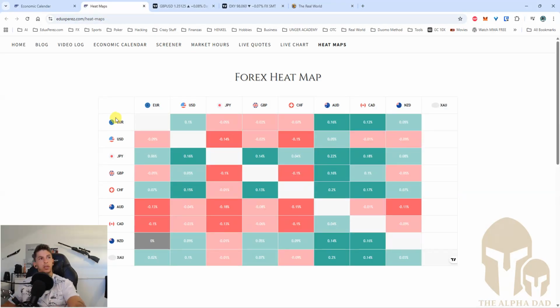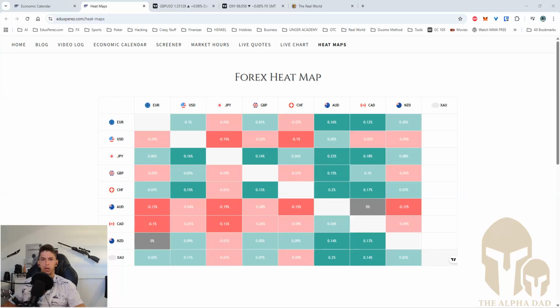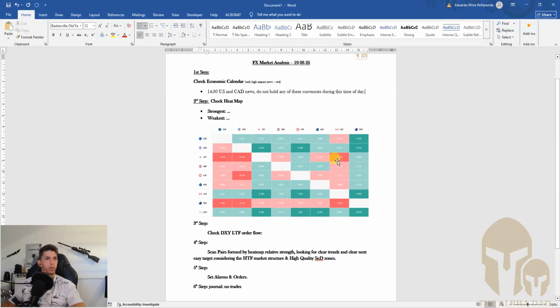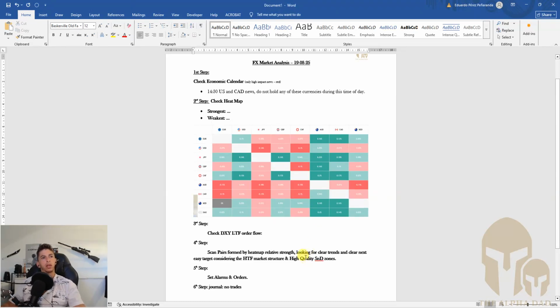What do we have for today? Doesn't look good at all. All right. So NZD, we could say that together with CHF and JPY are the strongest, right?